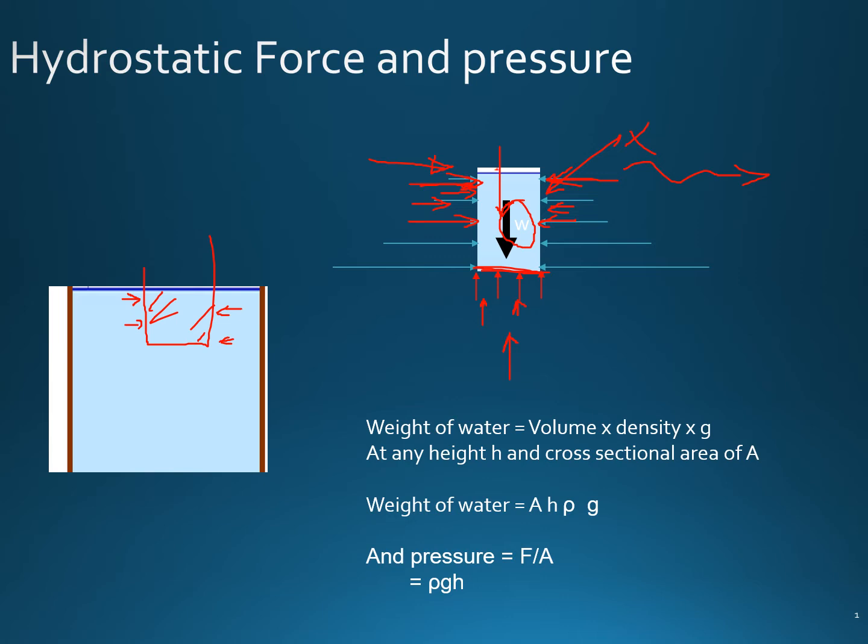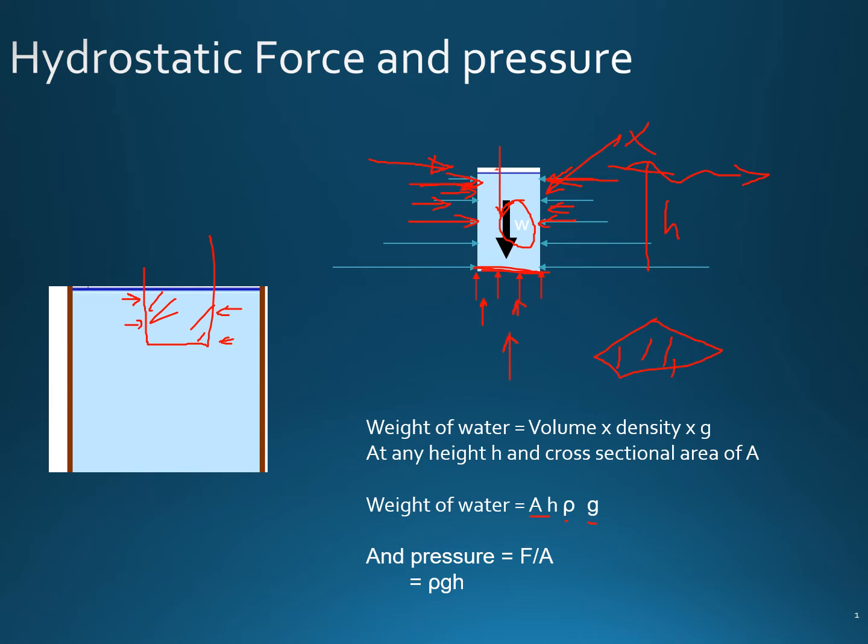Weight is volume times density times g, right? So whatever the bottom area is, it may be rectangular or circular, whatever the area A, times the height h. So up to here, this is the height. So area times height gives us the volume, times density times g is the weight of water.